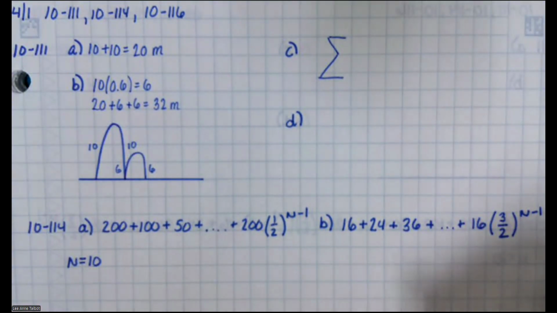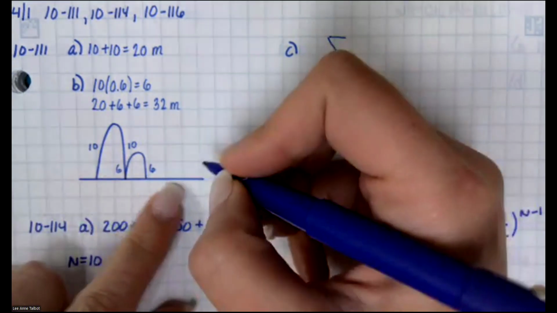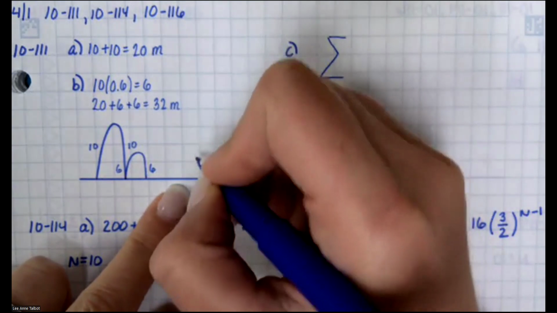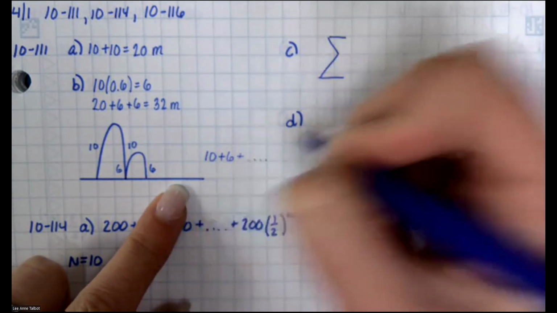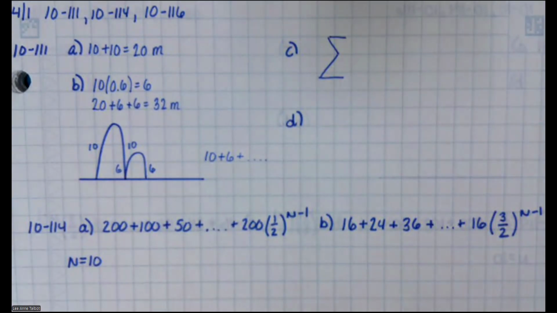So, draw my summation notation. And what I'm going to do is I'm going to go, okay, this would be 10 plus 6 plus dot, dot, dot. Uh-oh. There's bad things happening. Do you know what it is? My pen is dying.